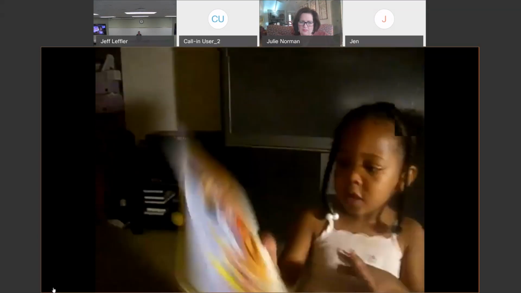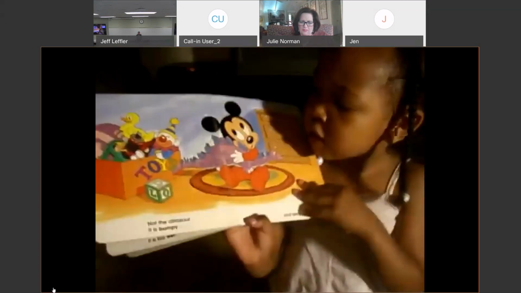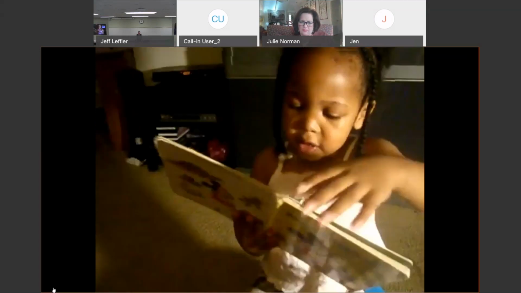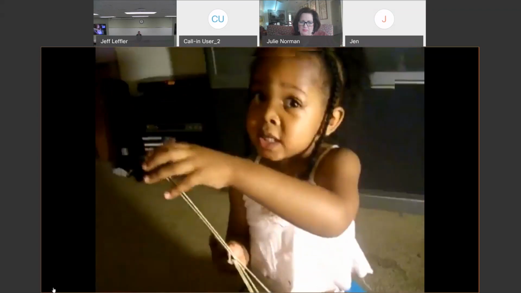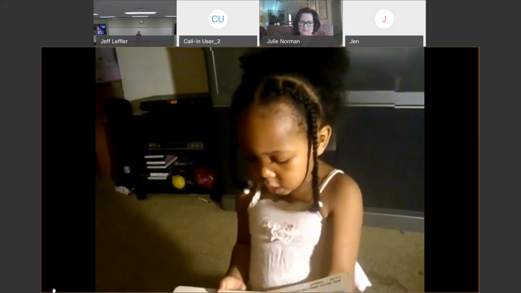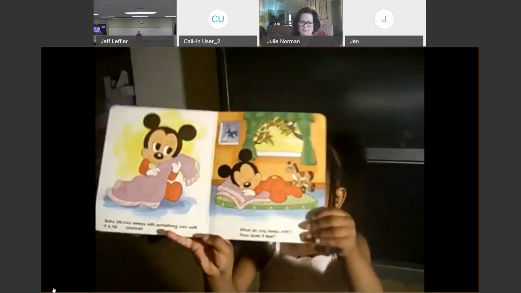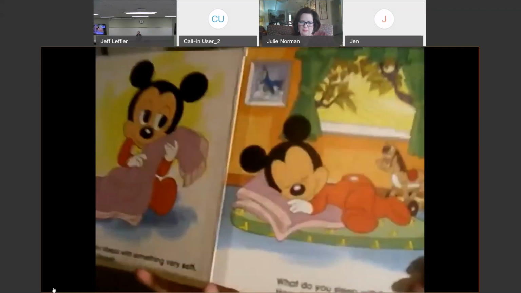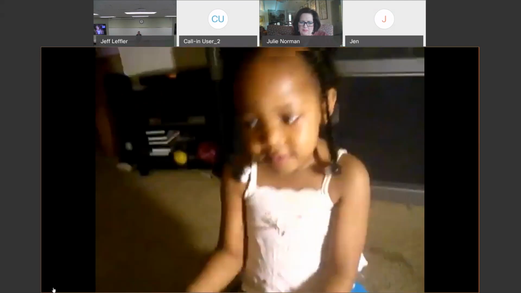Oh, so he put all the toys back where they belong. Okay. And then when he played with them, he get to see. Let's see what happened. Oh, okay. And Mickey got to sleep. Okay. Very good, Harmony.